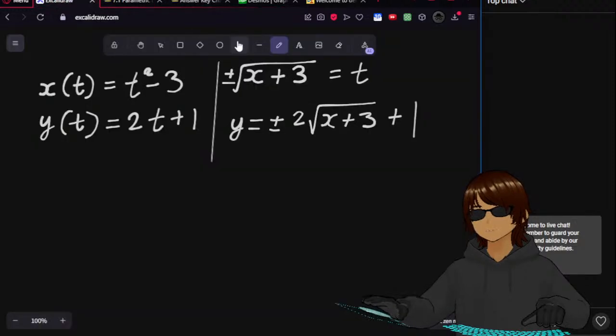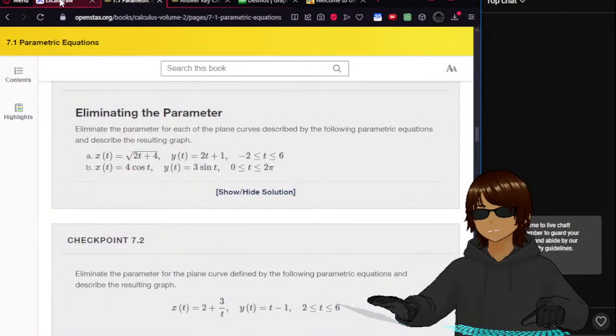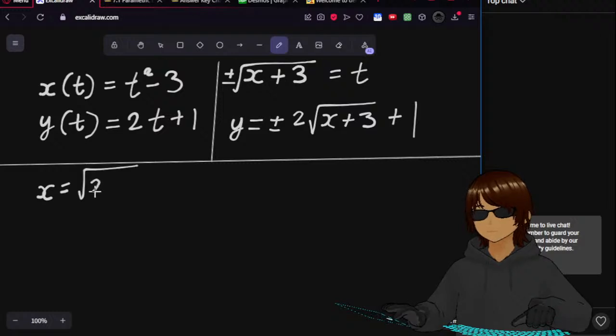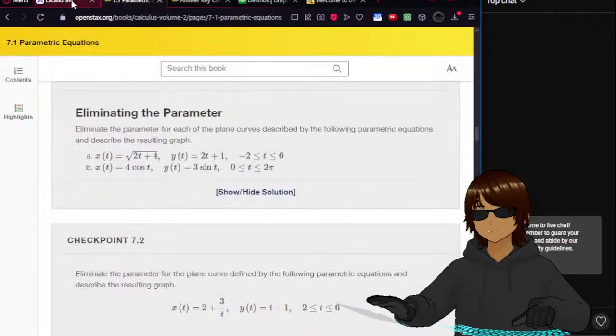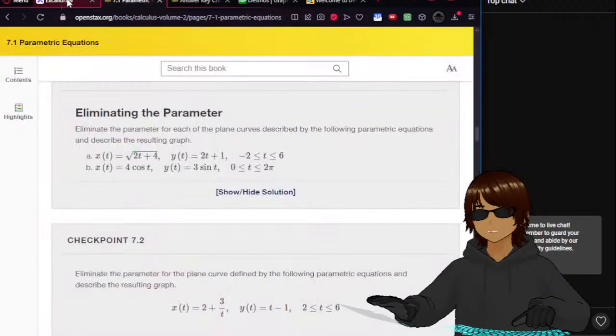So we have x is equal to root 2t plus 4, y is equal to 2t plus 1, and t is minus 2 to 6.